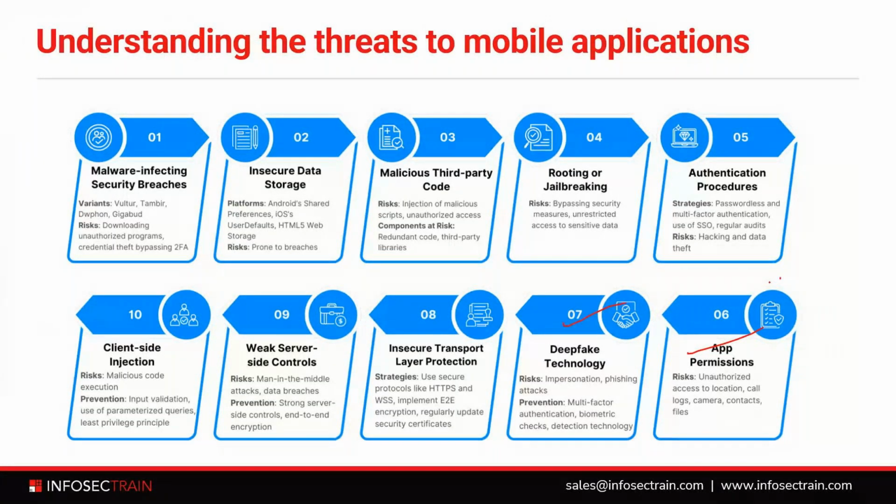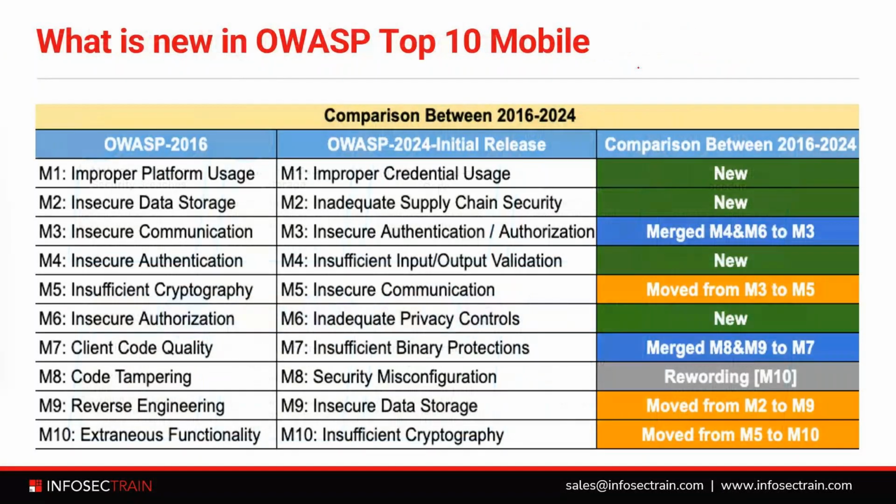Now, for these threats, we have something with the name OWASP Top 10, right? Now, when we are talking about OWASP Top 10, OWASP stands for Open Web Application Security Project, right? This is an organization which was created in 2001, and this organization provides you the top 10 attacks or vulnerabilities used by the attackers more frequently, right?